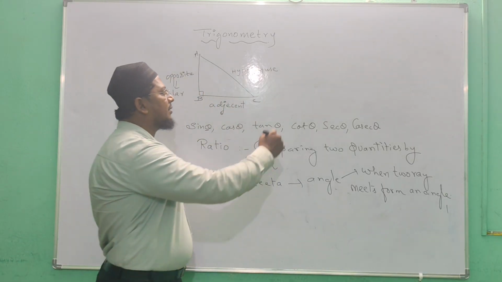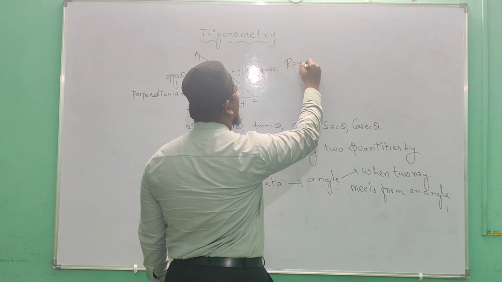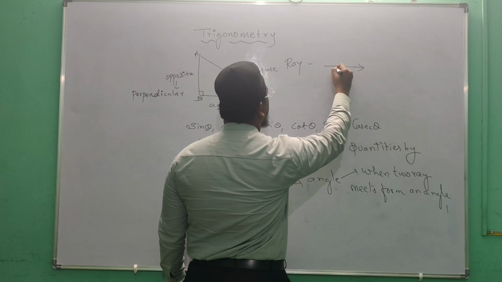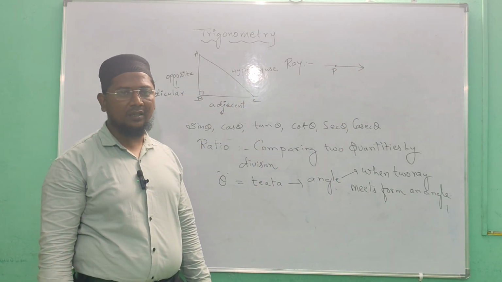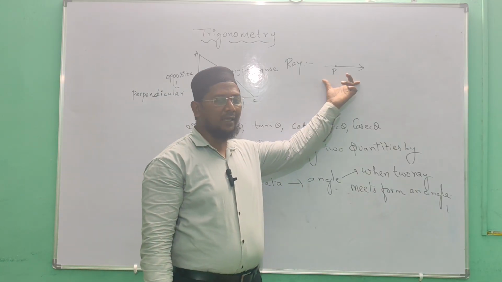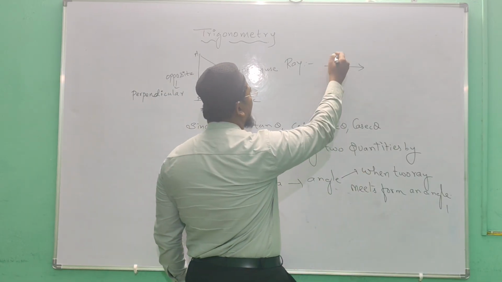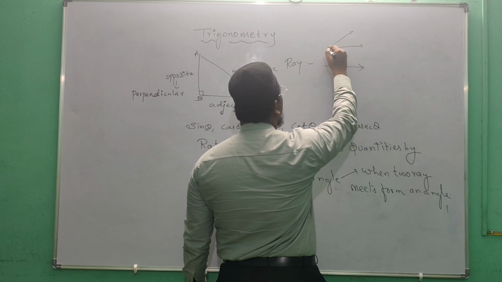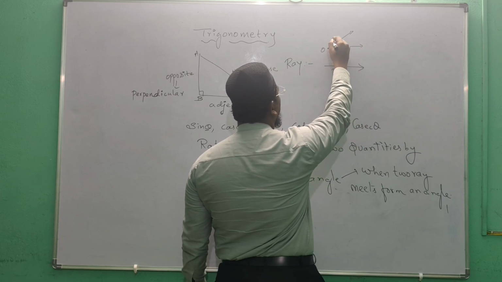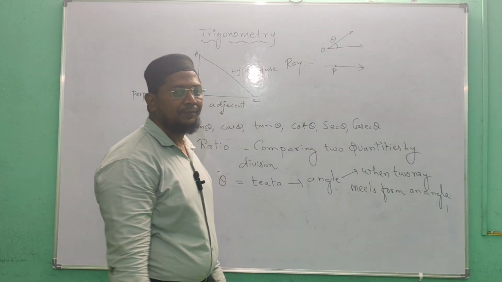So what is a ray? You know that one side is a point, the other side is a direction. This is known as a ray. Rays are used to draw the angle. Suppose there is a first ray and a second ray. Both meet at one point, so they form an angle. This is known as theta.